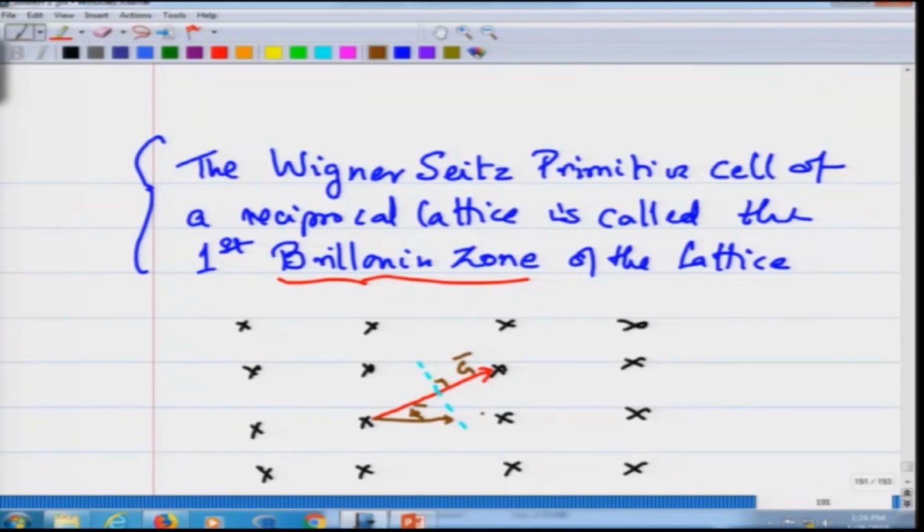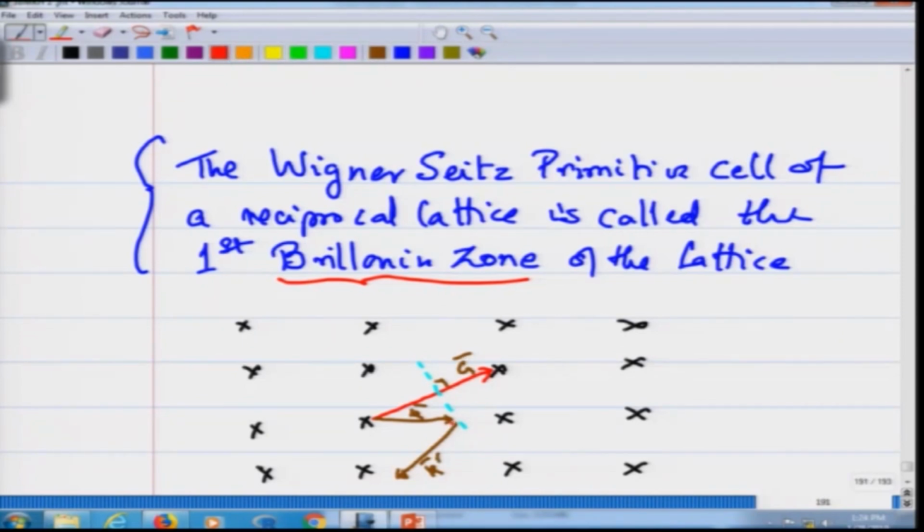This wave will undergo a Bragg scattering, okay. And so the scattered wave k prime will obey your Laue condition.